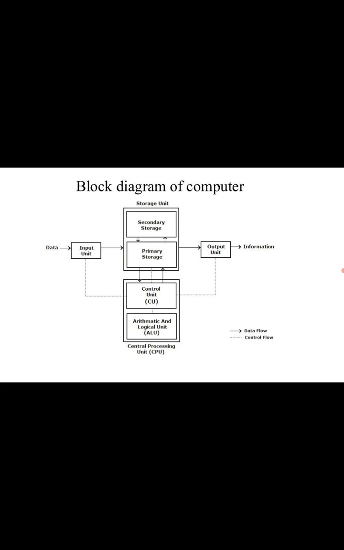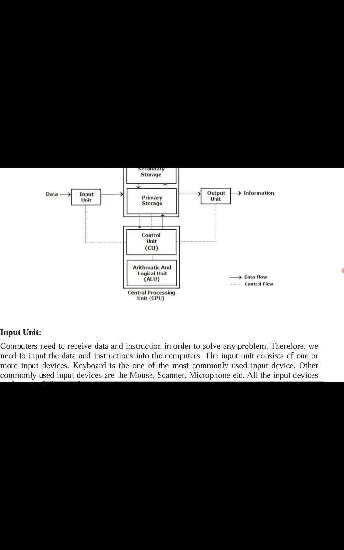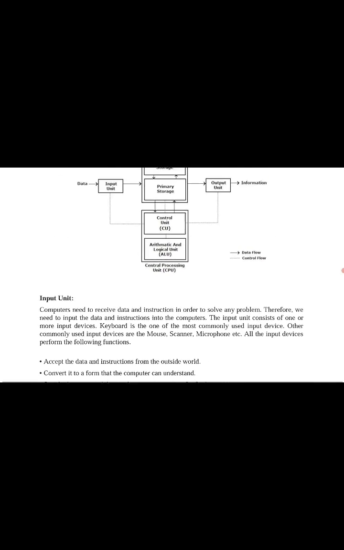Again, the CPU contains various components like storage unit, secondary storage, primary storage, control unit, arithmetic and logic unit, ALU, and data flows, control flows. Many different terms are used here, so we discuss them one by one.